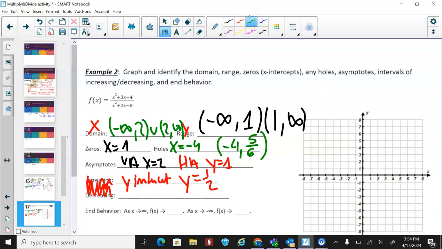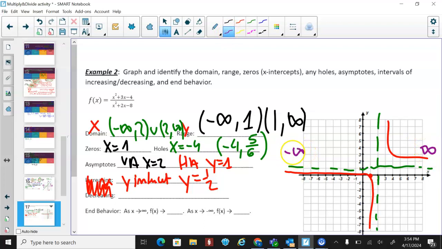Very quick. So 2 was a vertical asymptote. 1 was the horizontal asymptote. Okay, we had a 1 as a 0, so the function went through it, and it went here. Again, positive, negative, negative, positive. So end behavior for the function f of x means y will always go toward the horizontal asymptote.